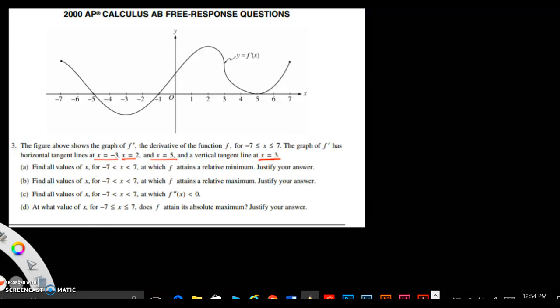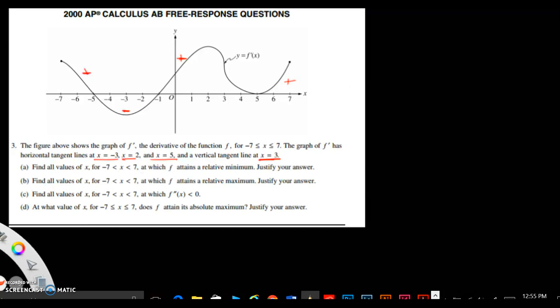Find all values for -7 less than x less than 7 at which f attains a relative min. Justify your answer. So if you look over here, the slope is positive because it's above the x-axis. Then it's negative here. Then it's positive here, and it's positive throughout the whole thing.